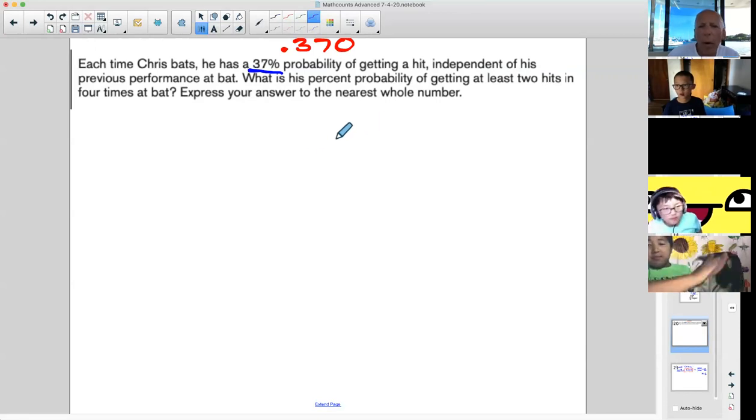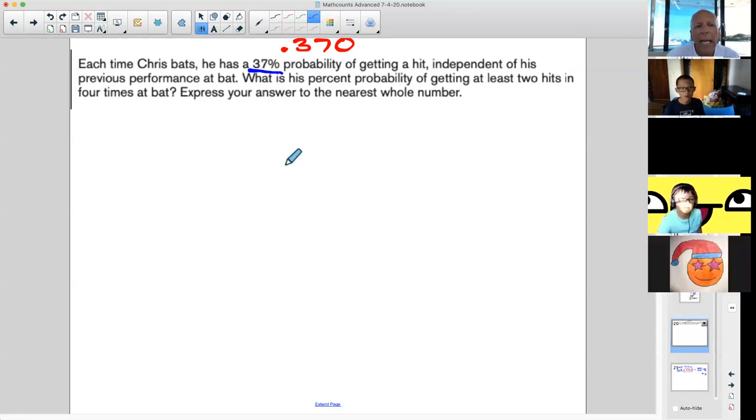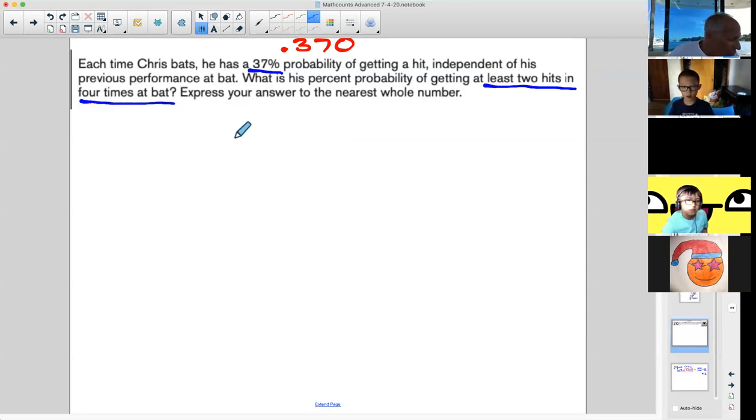So here's what I want to ask you guys. We're trying to find out his percent probability of getting at least 2 hits in 4 times at bat. I want to underscore that. Now, what do you think we should go for here?